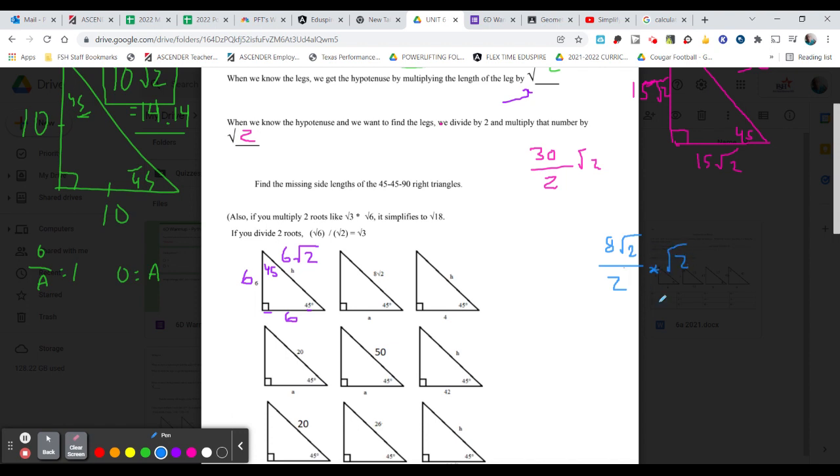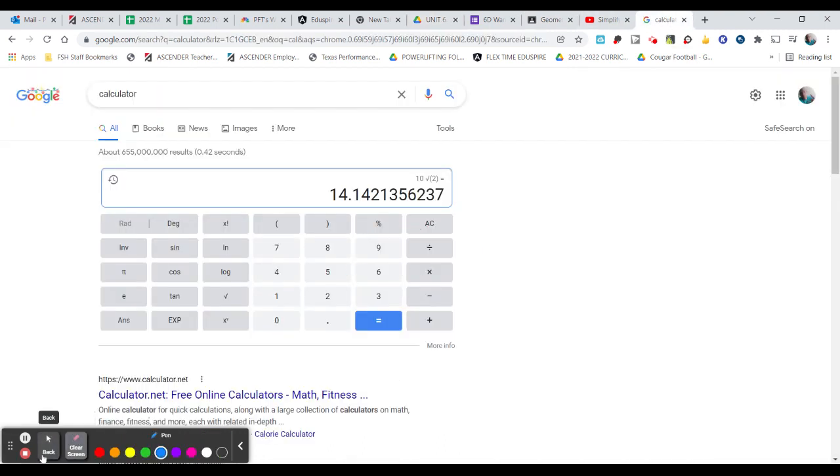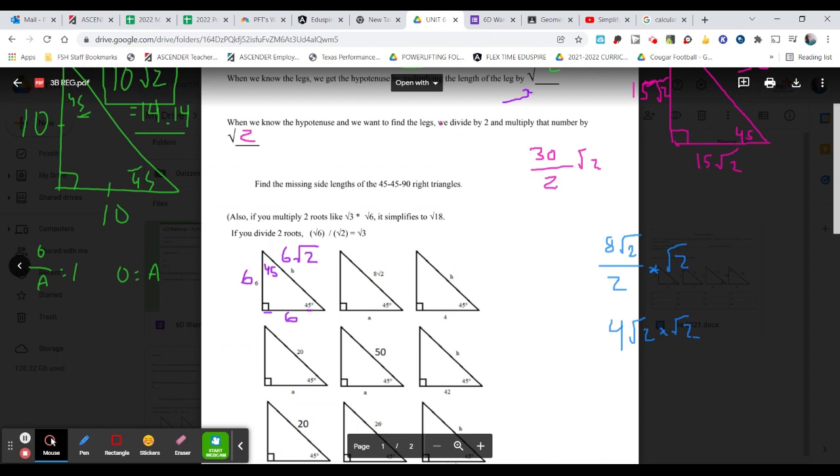So the 8 divided by 2 becomes 4, and we have times root 2 times root 2. If we go to our calculator, 4 times root 2 times root 2, we end up with 8. Which makes sense. If the hypotenuse is 8 root 2, then the leg is going to be 8.